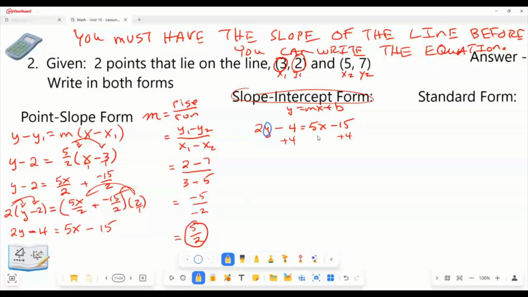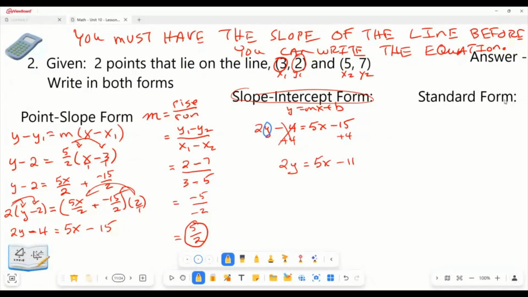I don't put it under the 5x because there is no x with the 4 to combine. These will combine. Over here, these add out. We're left with 2y. Over here, 5x. -15 + 4 is -11.